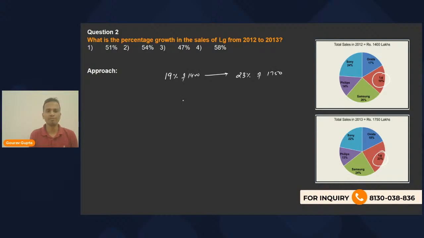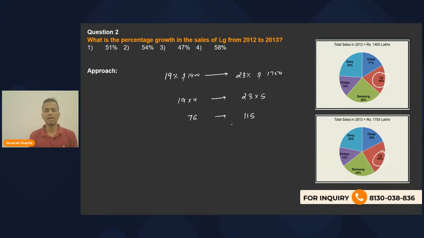I can take out common factors. So 19 multiplied by 4 and 23 multiplied by 5, right? 19 multiplied by 4 is 76. 23 multiplied by 5 is 115.